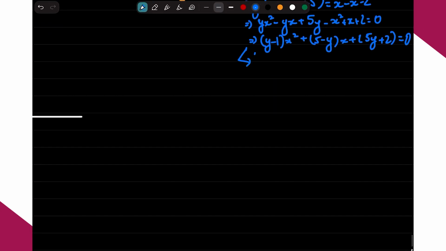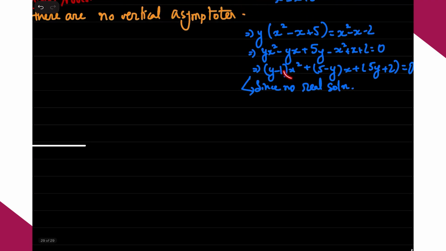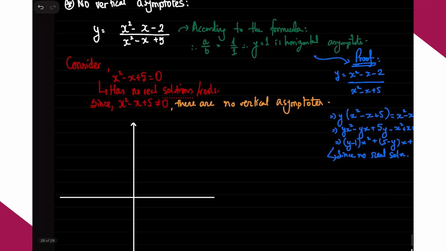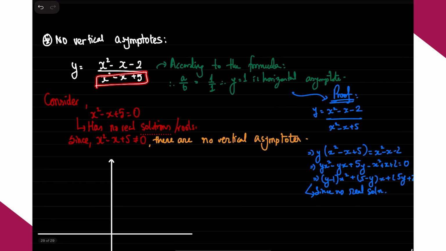So since there is no real solution, why? Because notice that this is the same as the x squared minus x plus 5, so basically this is the exact same function as this one, right? So this is not going to have any real solutions.